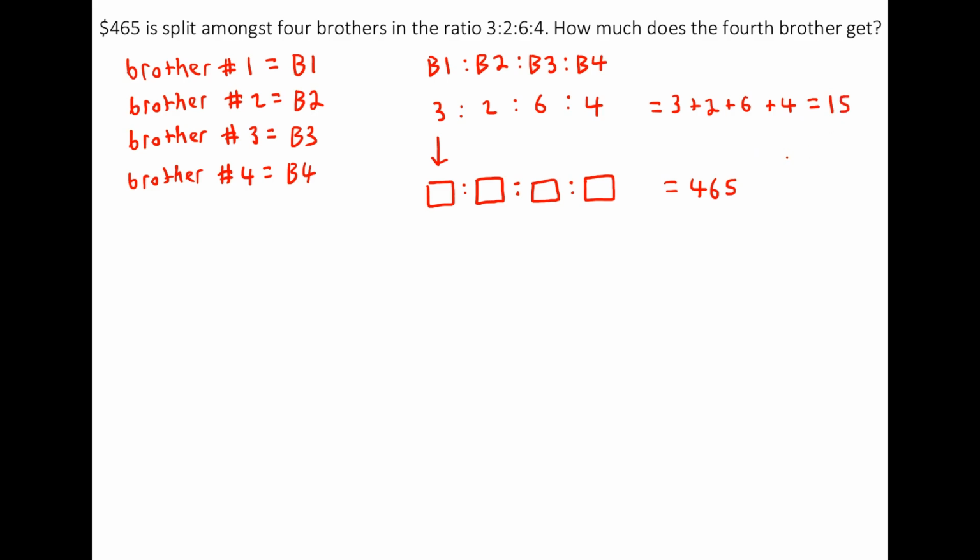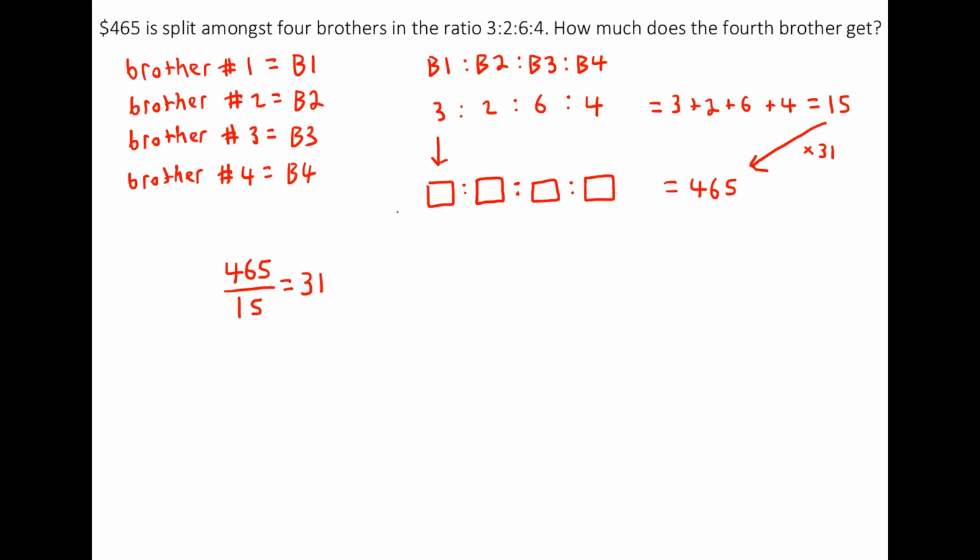Now, I pretty much ask myself this: how do I get from 15 to 465? Well, to find out that answer, I can simply do 465 divided by 15. And the answer I'm going to get is actually 31. So that means I have to take 15 and multiply it by 31 to get to my answer of 465.